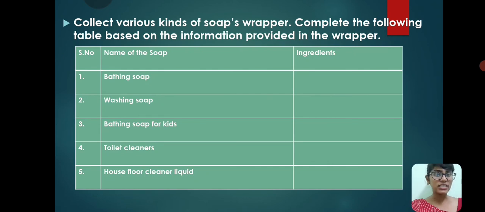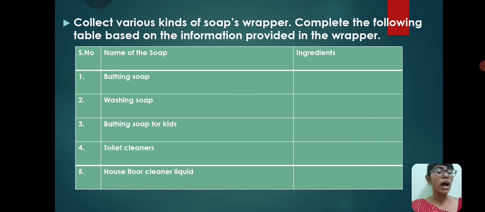A small activity. Now collect various kinds of soap wrappers. Okay, if you buy a soap, you will take the soap out from the wrapper and put that wrapper into the dustbin, right? So instead of throwing it into the dustbin, just collect those soap wrappers and order them by the name of the soap, whether it's a bathing soap, washing soap, bathing soap for kids, toilet cleaner or house floor cleaner liquid.